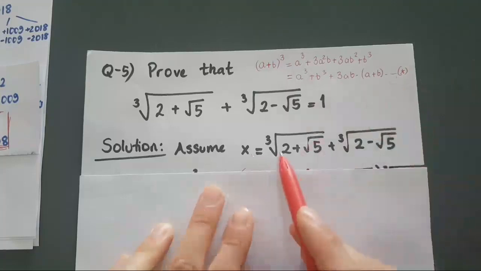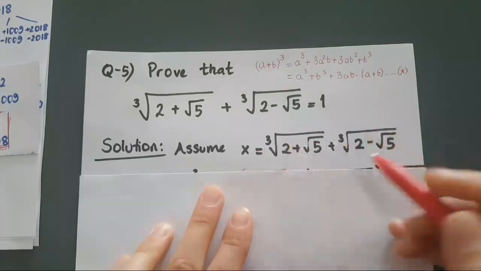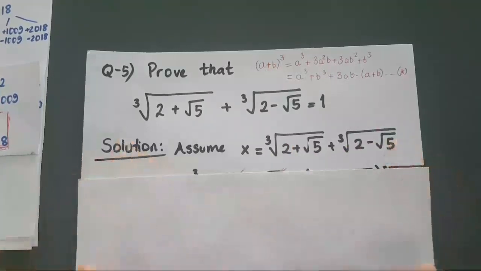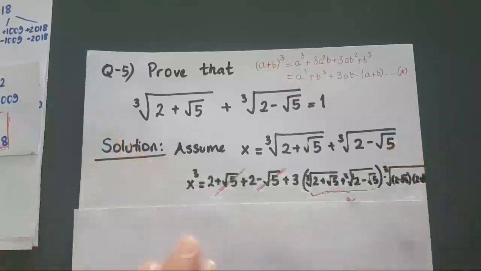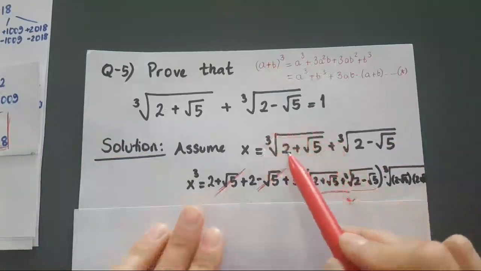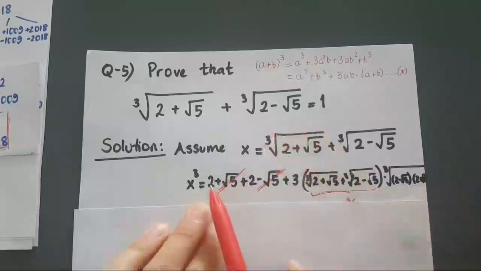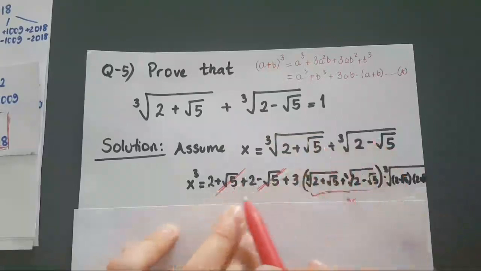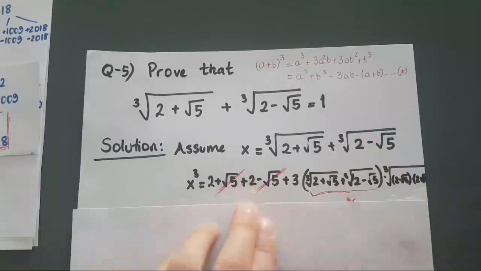Assume that x is equal to cube root of 2 plus root 5 plus cube root of 2 minus root 5. Then I'm going to cube it. I will cube x. If I cube it, cube root of 2 plus root 5 cubed will be 2 plus root 5. And the cube of this will be again 2 minus root 5.